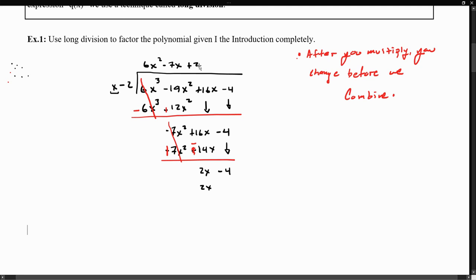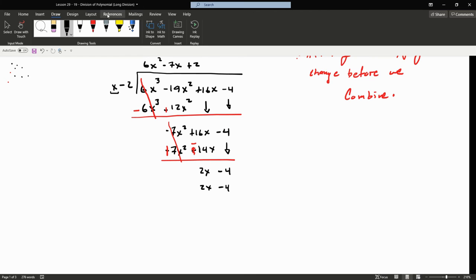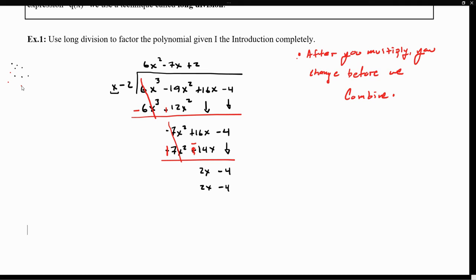Now negative 2 times positive 2, well, that's equivalent to negative 4. And again, after you multiply, before you combine, we change the sign. So let's change the sign. This was a positive, let me change it to a negative. This was a negative, let's change it to a positive. And now notice that they both cancel out and we got 0.